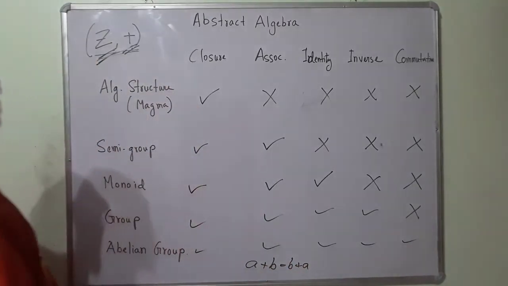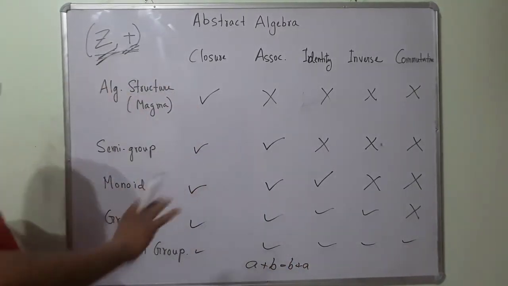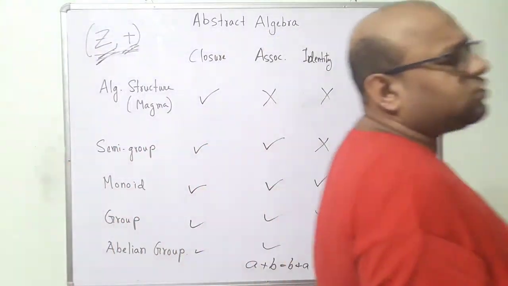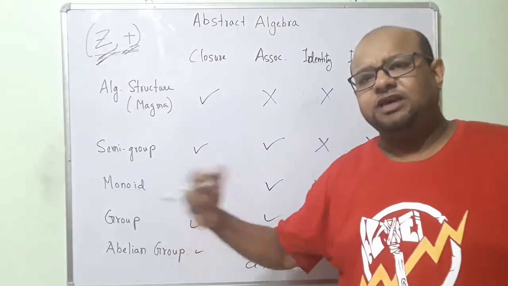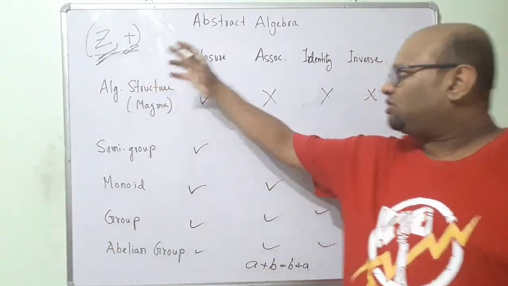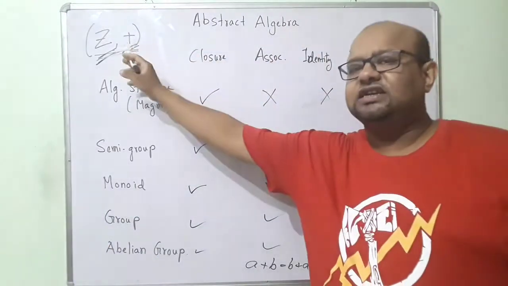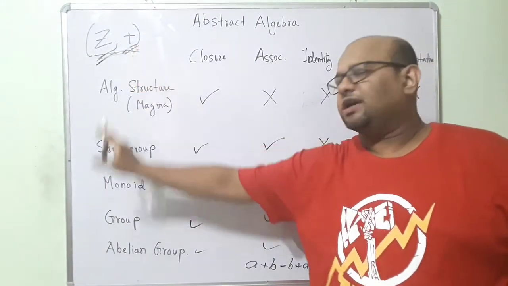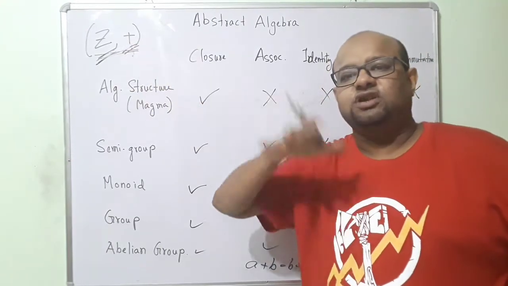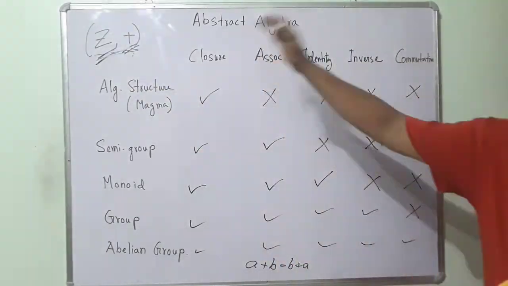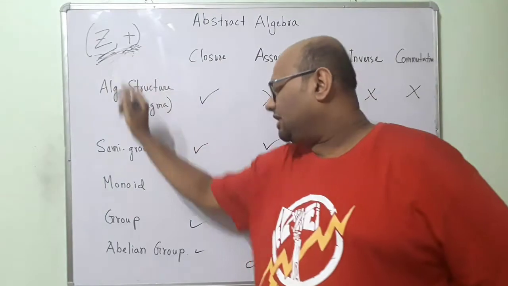Okay, so if I add 2 integers, 2 plus 3, it will be equal to 3 plus 2. Take any 2 integers, when I add them, a plus b, it will be b plus a. So commutative property holds under this operation. Okay, so this is an abelian group.